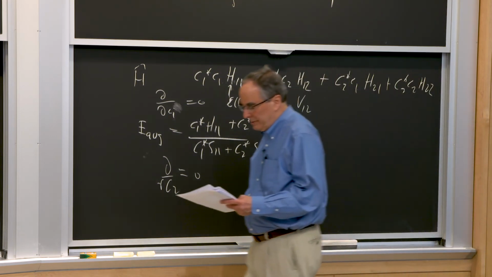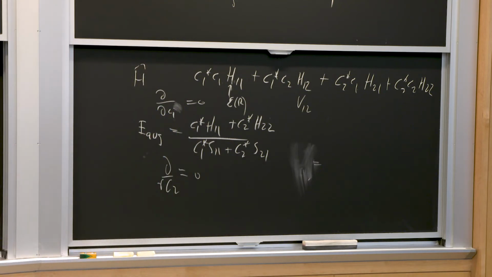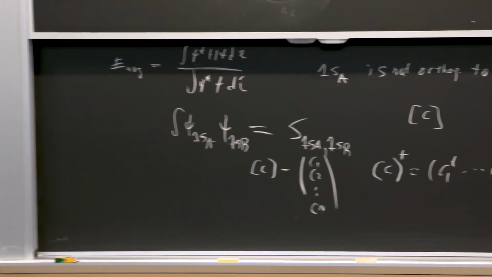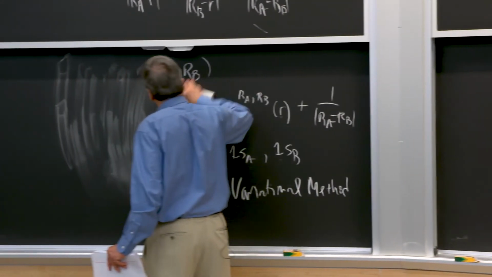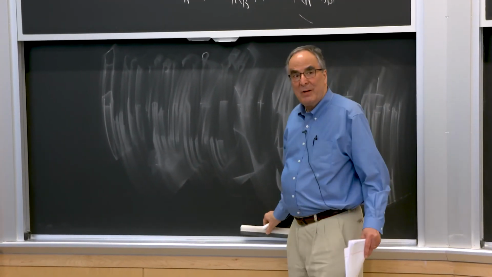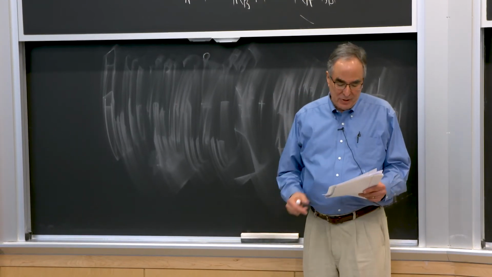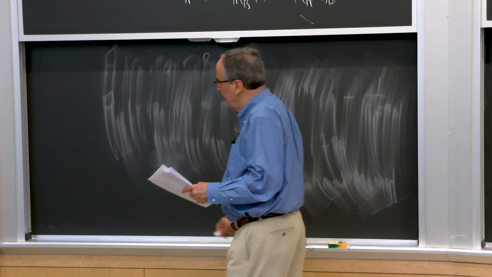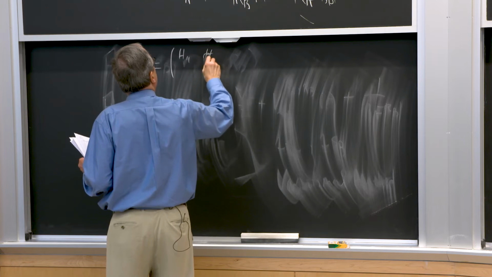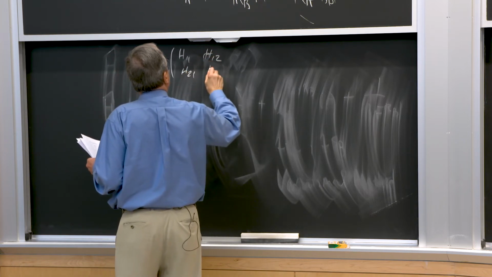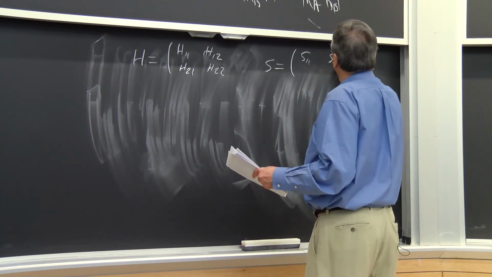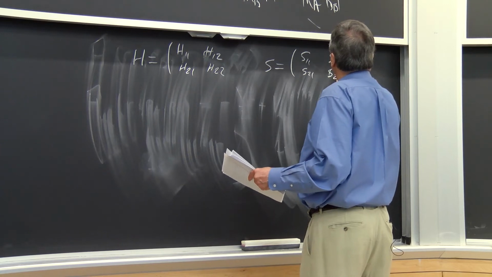Okay, now we could also approach this problem using matrix methods. And since that's the way computers think about the problem, and that's the way most people think about the problem, you really want to understand the matrix picture. And at risk of repeating myself, we know for this two-level problem we have H11, H12, H21, H22, and we know the S matrix, S11, S12, S21, S22.